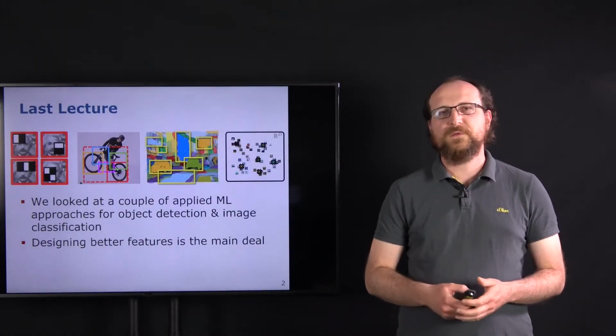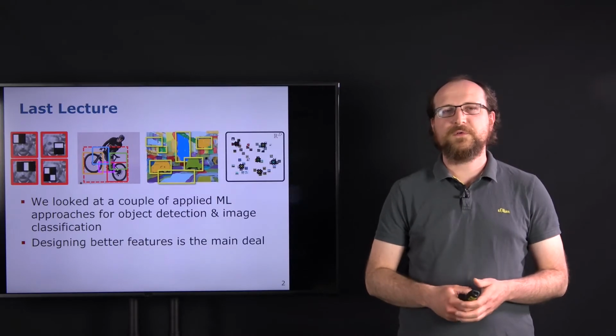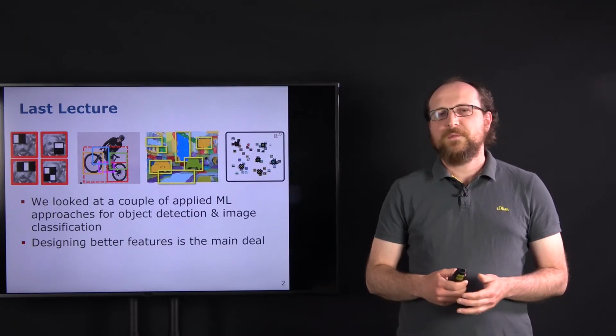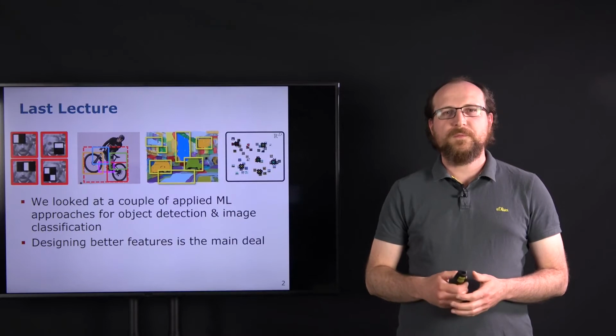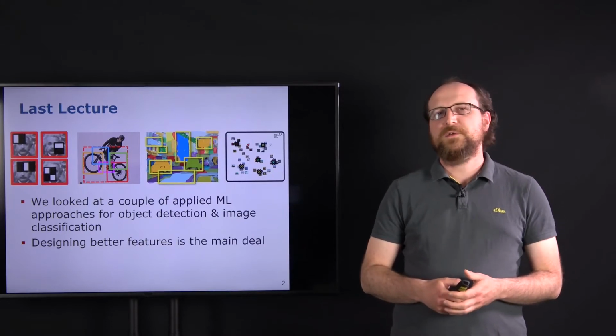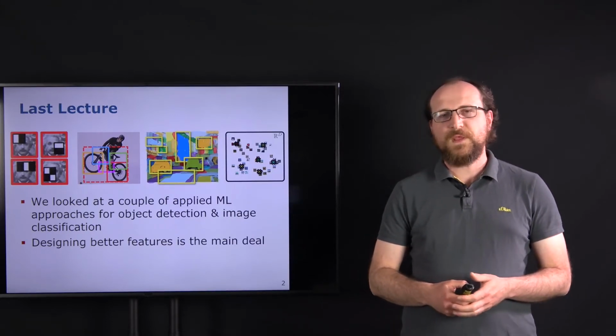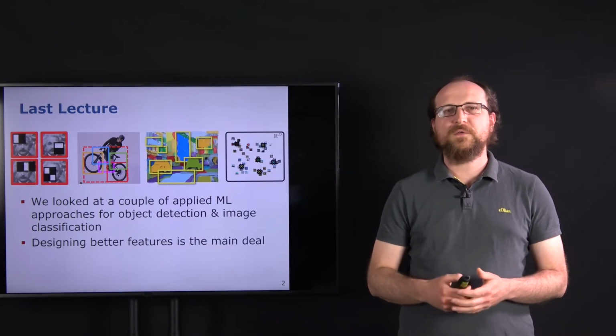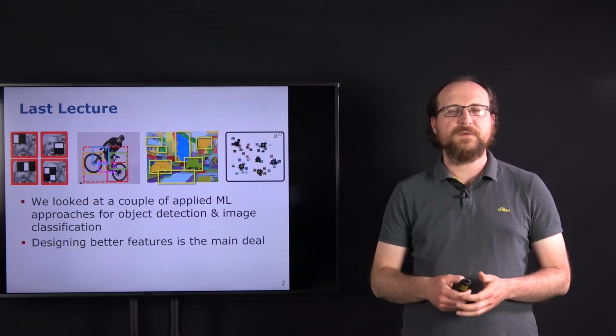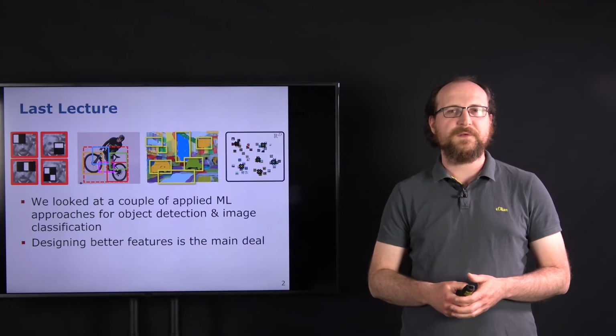So in the last lecture we talked about more traditional approaches to solve certain computer vision tasks like object detection and image classification. And we looked at the ways to apply machine learning models for the specific tasks.